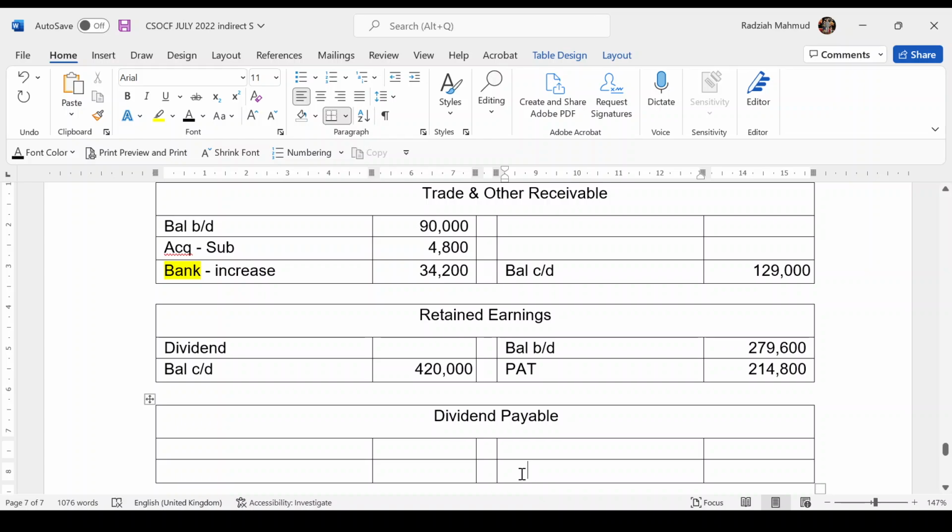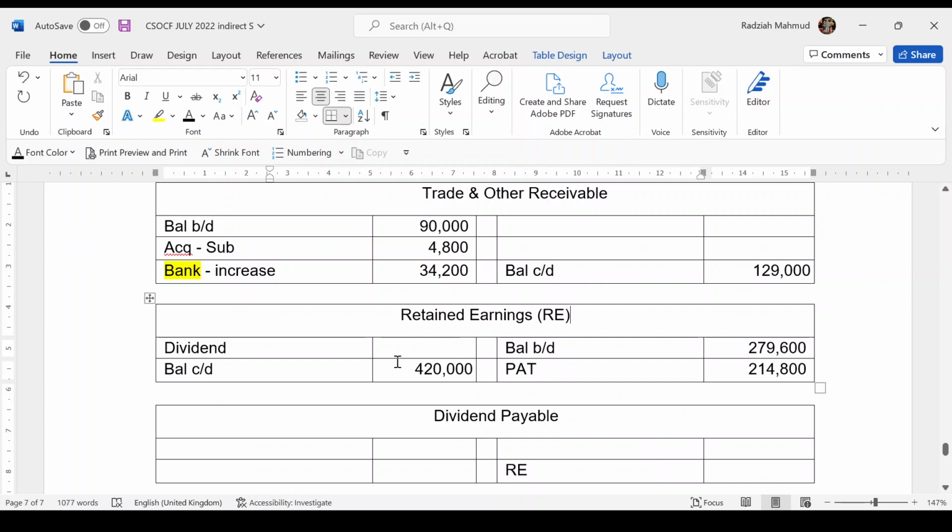Here it should be retained profit, or retained earnings. I use RE.